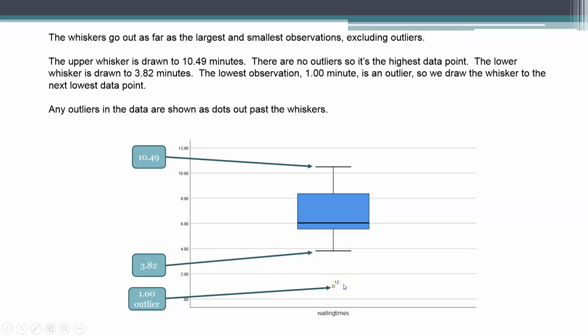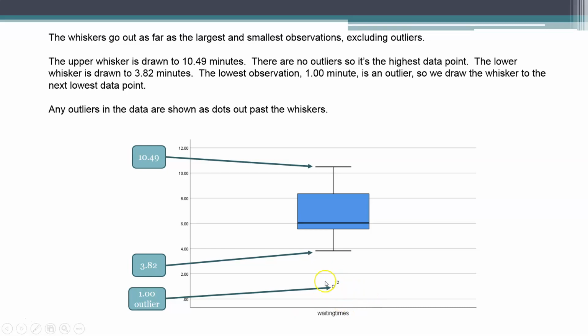So SPSS shows you the observation number because outliers are of particular interest. And so they think that you might want to go look at that observation. Because, yeah, sometimes that can be interesting. Sometimes it's something you want to investigate because it's maybe an error or, I don't know, a difference in some way that it's different.